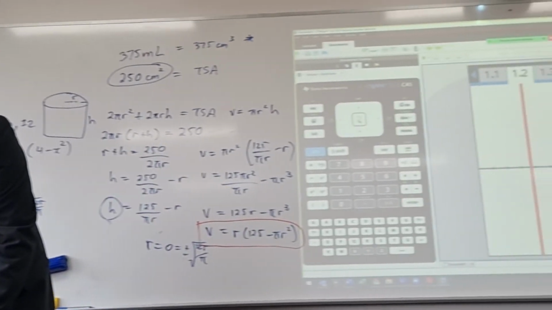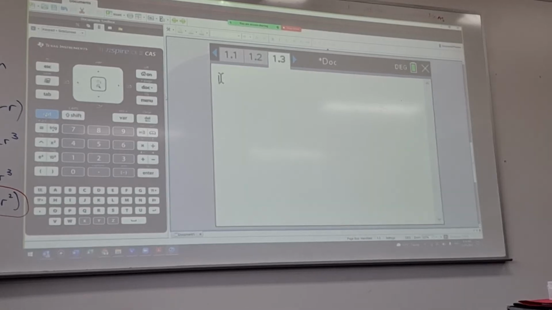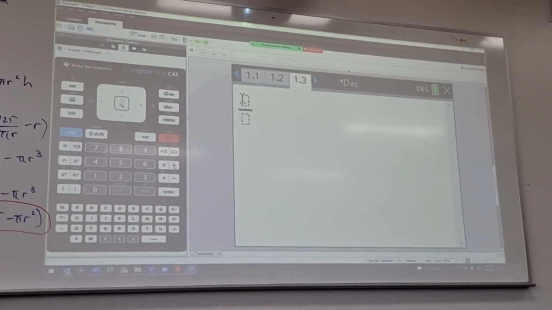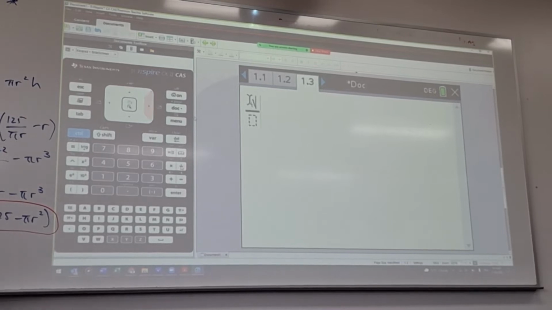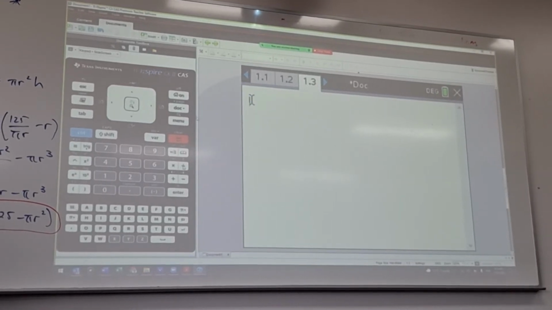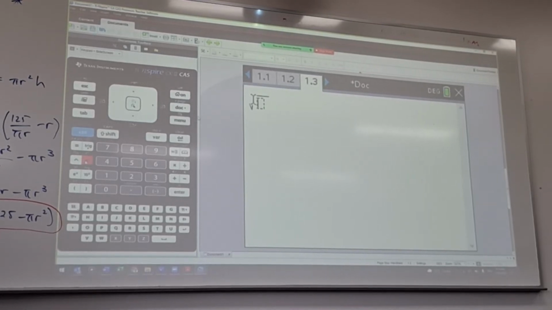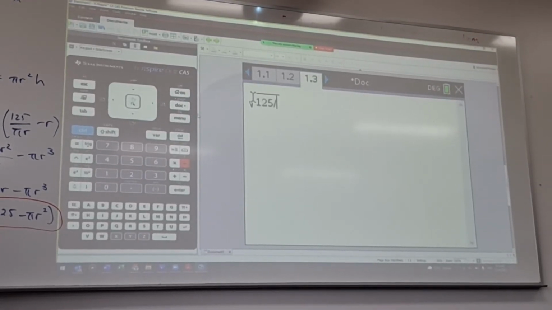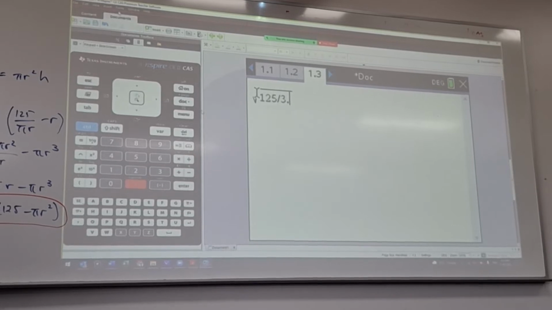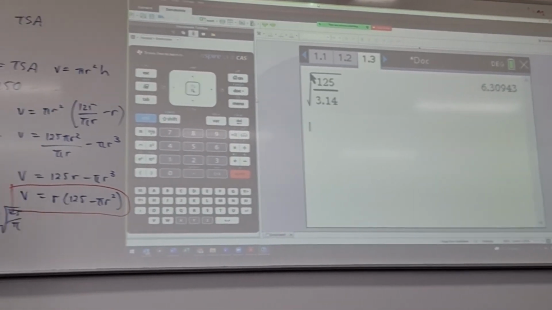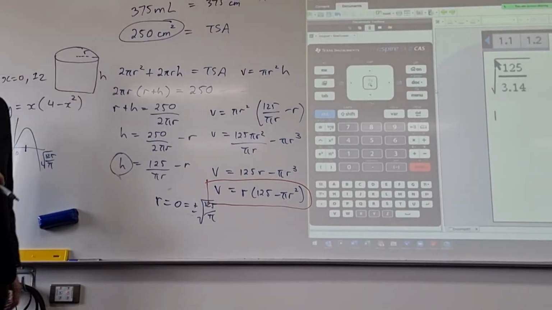Okay, so go to the calculator. So square root. Well, it doesn't have to be exact for us, we'll just go 3.14. So 6.3, so we would expect this point to be roughly about 3.